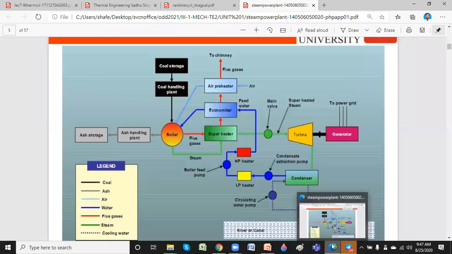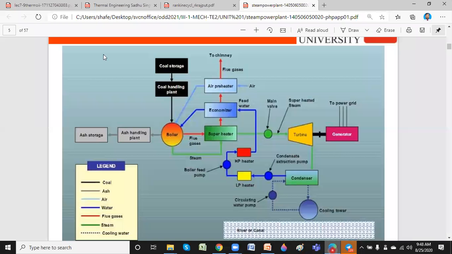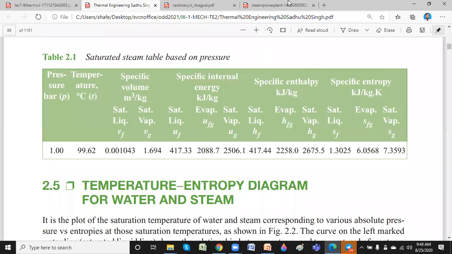Next, I'll go for one more thing. Now, just see here. Can you see?